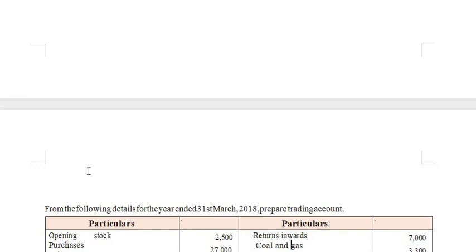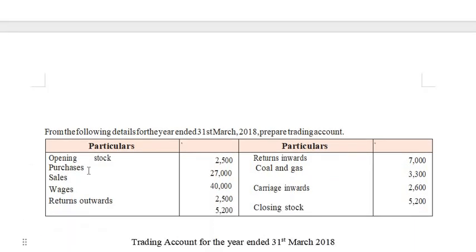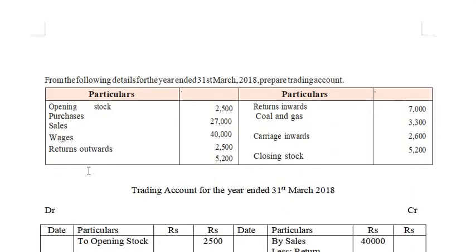First I'll explain the problem which involves the trading account. From the following details for the year ended 31st March 2018, prepare the trading account. The first step of your final account is the trading account.